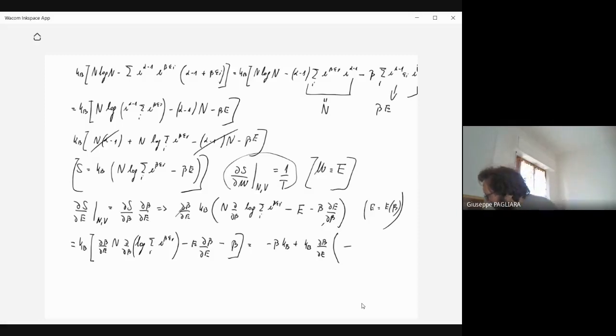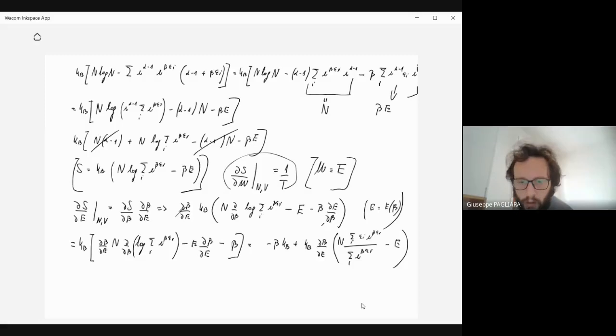In the denominator I will have the sum over i of e to the beta epsilon i, whereas at the numerator I will have the sum over i, deriving with respect to beta, so epsilon i e to the beta epsilon i, times n, which was outside, and then I have a minus E. So I'm collecting the derivative of beta with respect to E and putting it outside, and what is left is in the bracket.